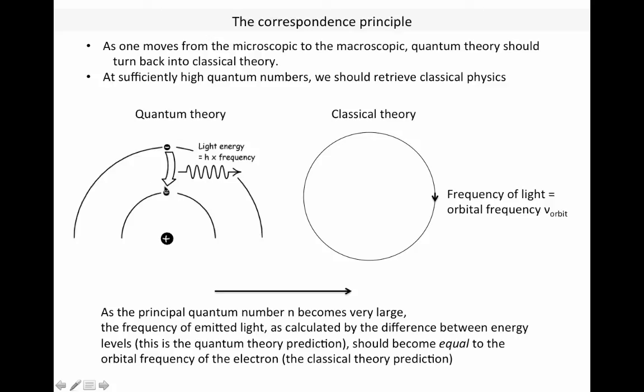As these orbits become very large, i.e. as the quantum number n becomes very large, so the orbit goes from being microscopic to macroscopic, then the frequency you get by doing the calculation in quantum theory must become equal to the frequency that you get from classical theory. And in the supplemental reading, you'll see a proof that this is actually the case for Bohr's model of the atom.